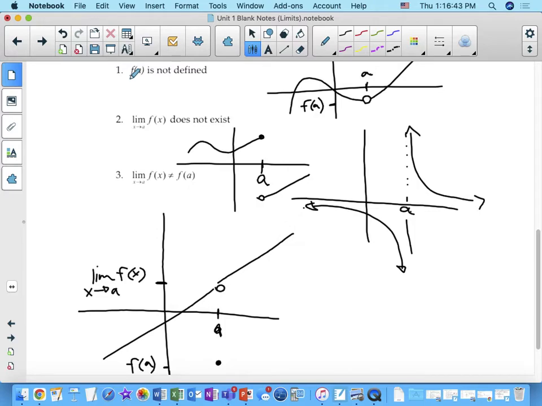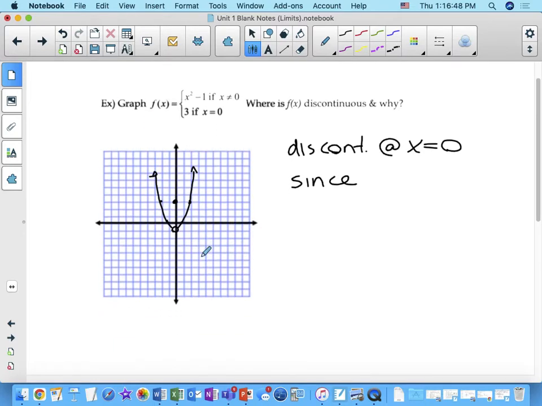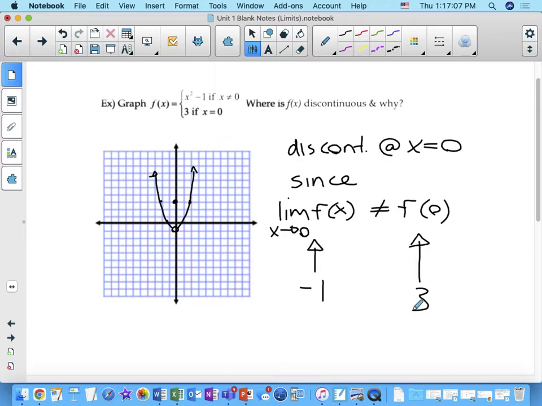Yeah, it's this one, right? So since the limit as x approaches 0 of f of x does not equal f of 0, because this one is -1, and this one is 3.